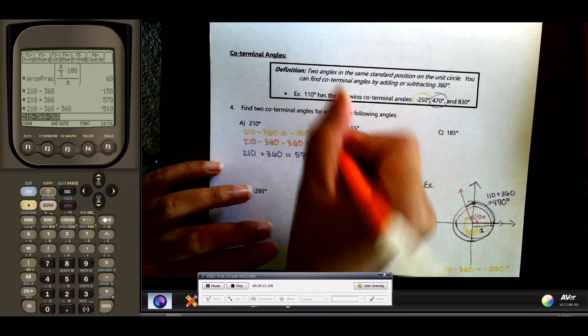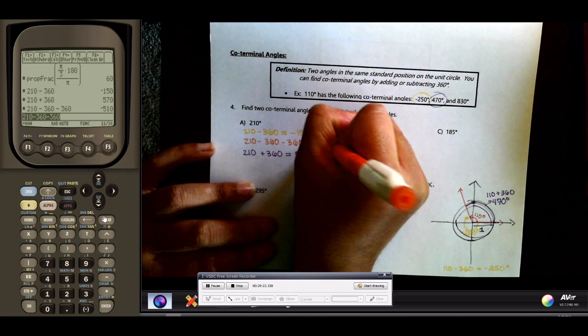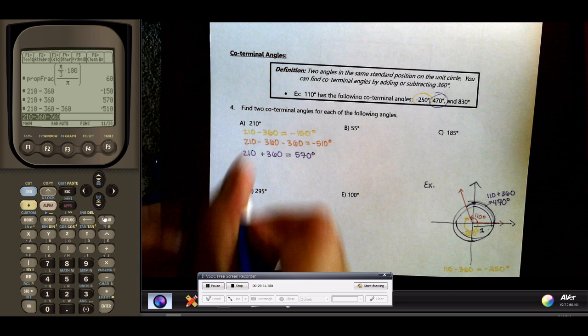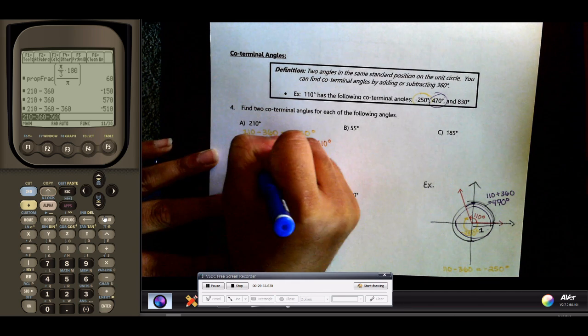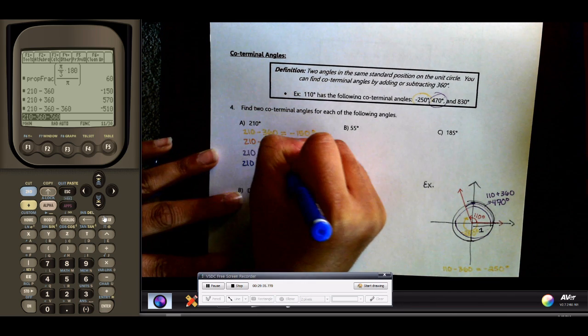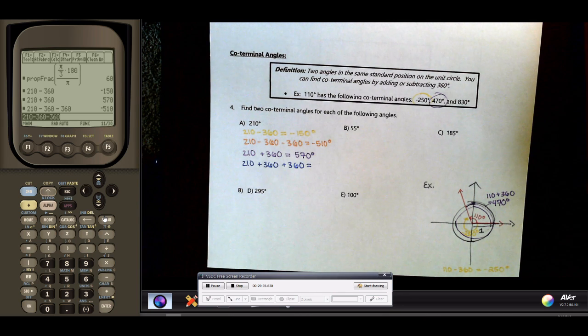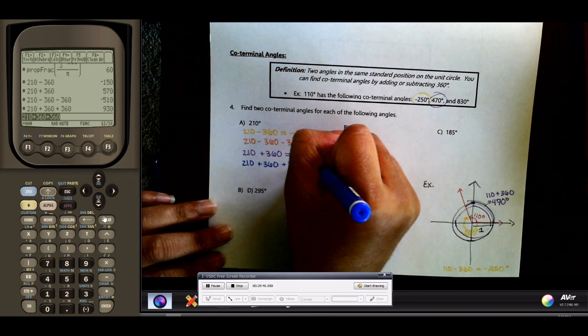And that would give us negative 510 degrees. Or if I wanted to do it with adding another 360, I could do 210 plus 360 plus 360, and that gets me 930.